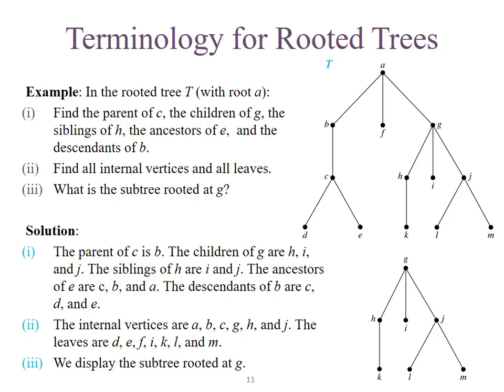The remaining vertices are all internal vertices. The subtree rooted at G: if we take G as the root, the subtree will be this one. I hope you get familiar with these terminologies because we will discuss more about the properties of trees.